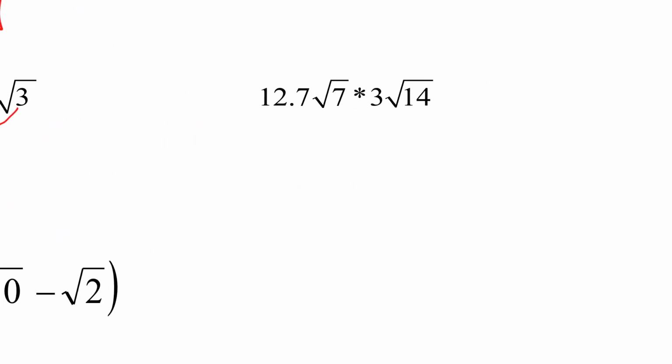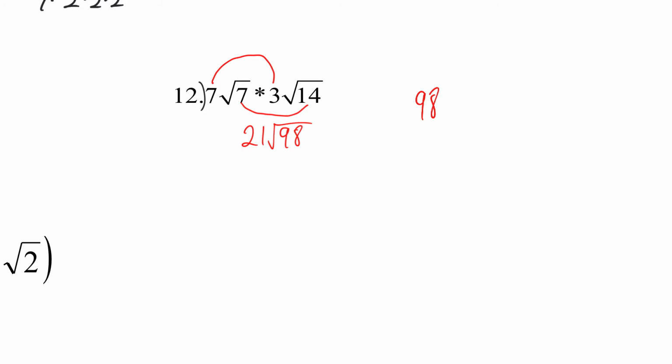Okay, number 12. 7 times 3, 21. 7 times 14, 98. All right, so 98. How can you break down 98? 7, 14.